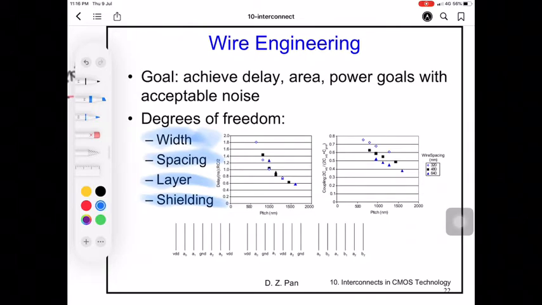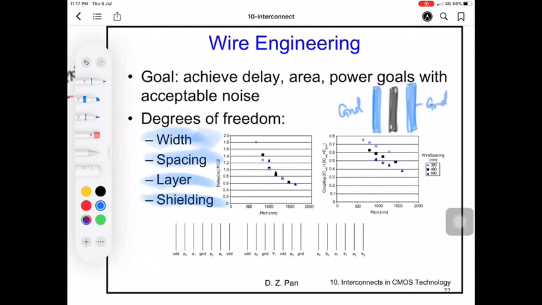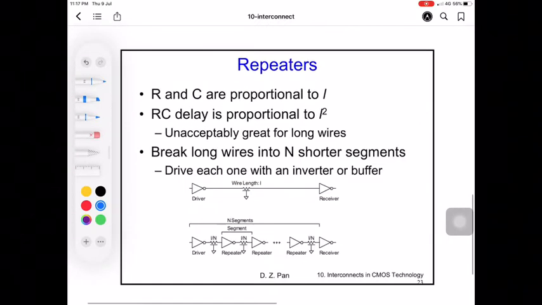Shielding is having another wire beside it connected to ground to shield it. If it's connected to ground, then it will not create so much capacitance. So it can shield or protect the wire in the middle. This is the signal wire.